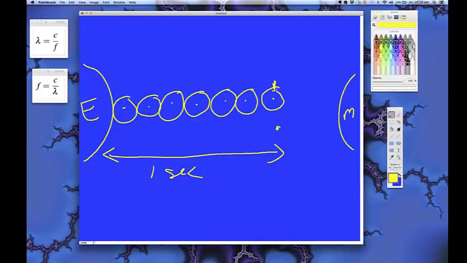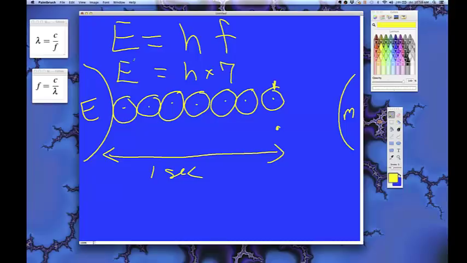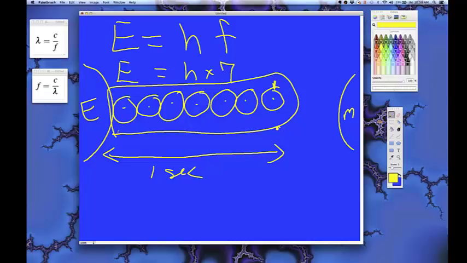I have 7 cycles, so E equals HF. I plug 7 into here, multiply by H, and I get an energy of whatever this is. Okay, so this can't be a photon. It's not fundamental. If I plug in a different frequency, I'm going to get more or less of these circles in this space.